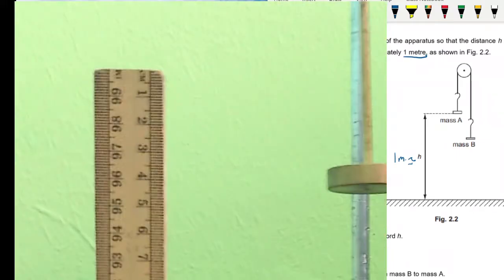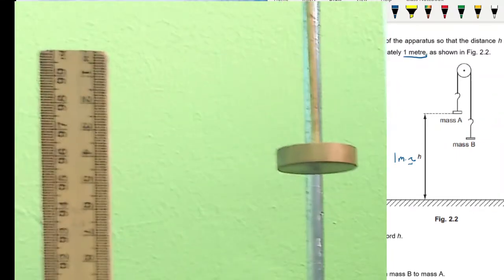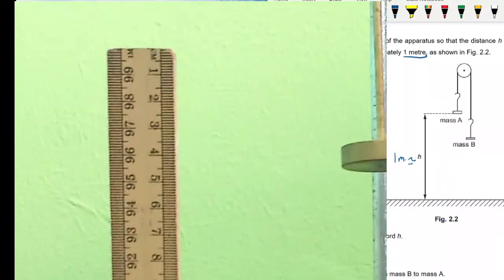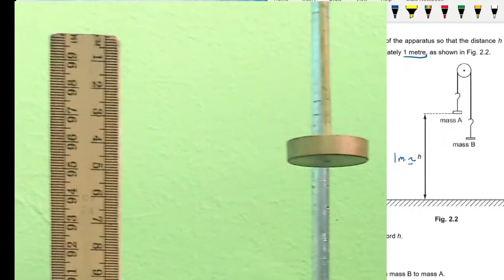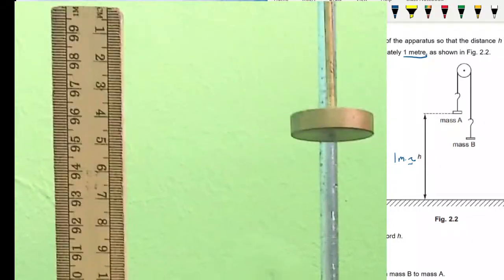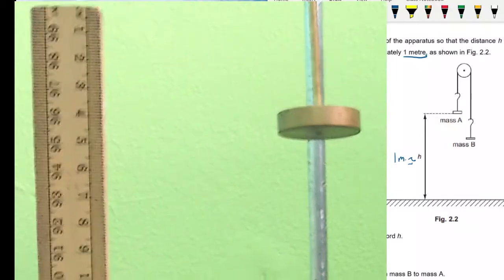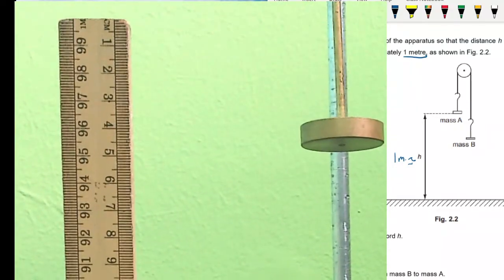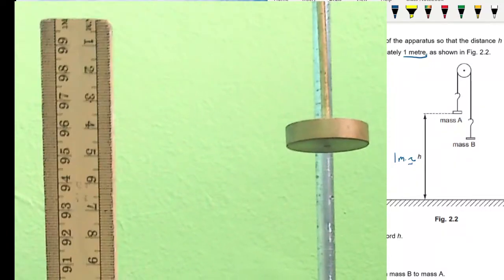Okay, so I'm going to try to put the camera as perpendicular as possible. All right, but this is the best that we have. So pause the video now and take the reading for H. Just a reminder that the ruler is touching the table. So pause the video now and take the reading for H.